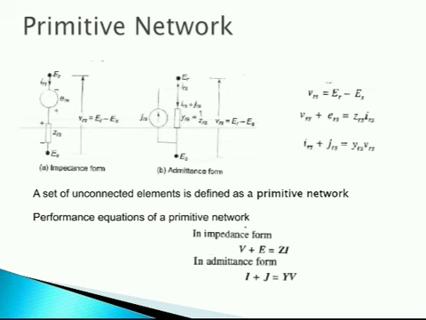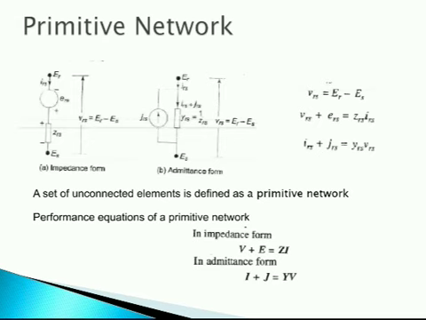Now the performance equation of the primitive network is given by V plus E equals Z times I, and in the admittance form, I plus J equals Y times V. That means V, E, Z and I are all in matrix format.